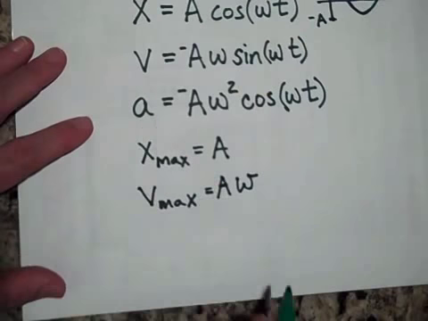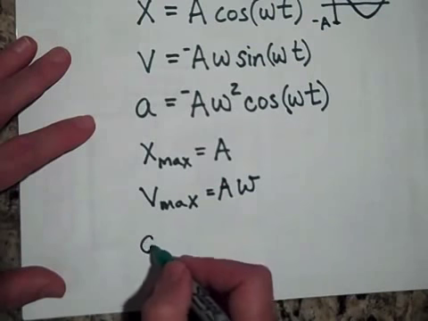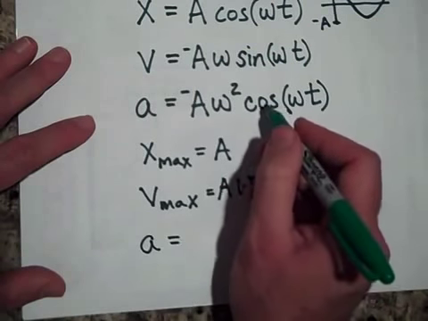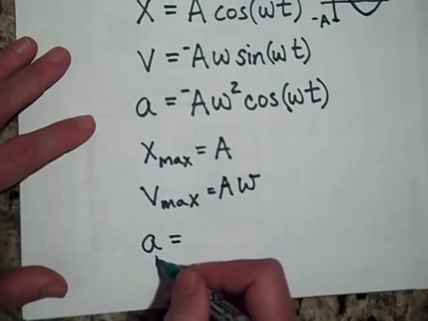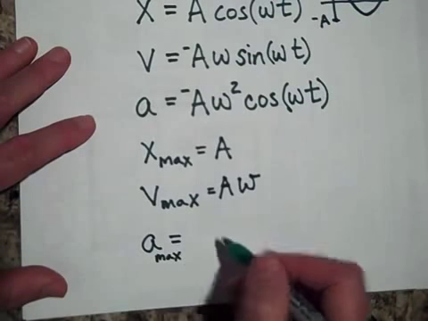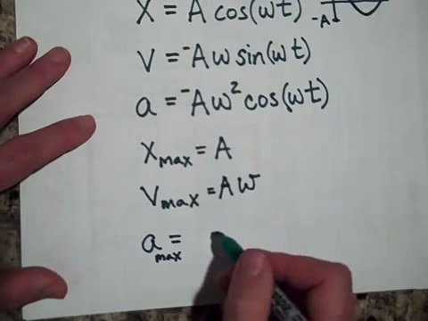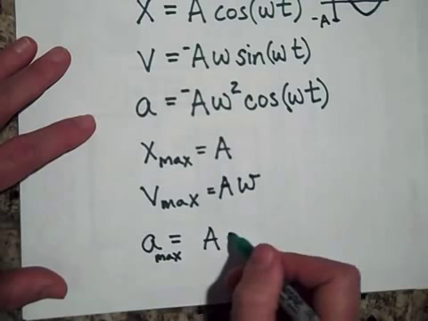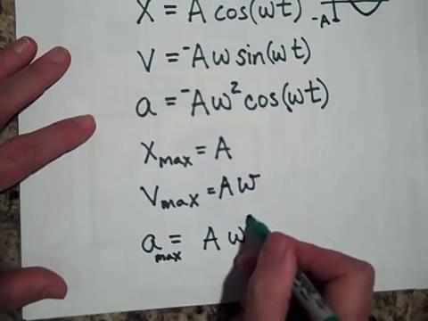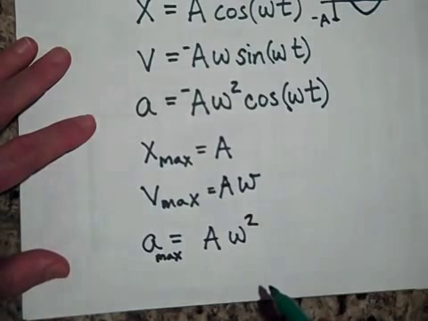And the maximum acceleration: remember again, the biggest this can be is 1, so a max is equal to A omega squared. So there you have it.